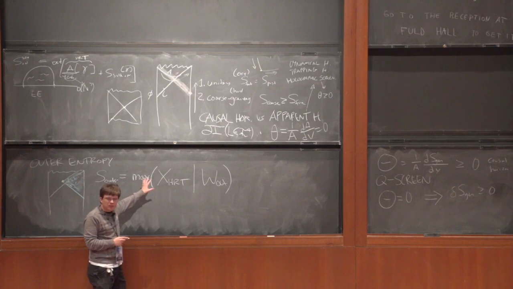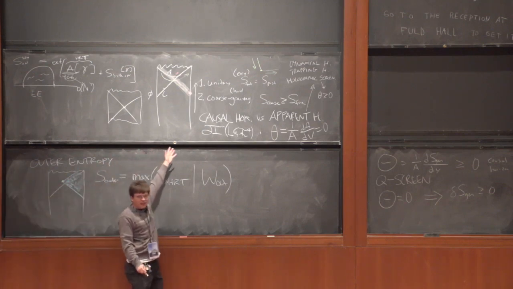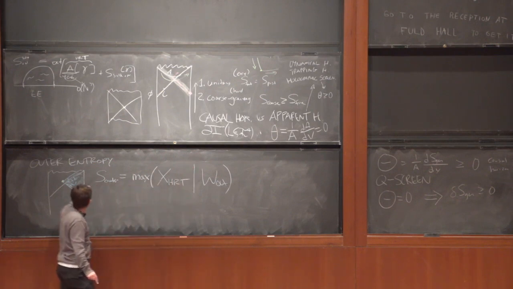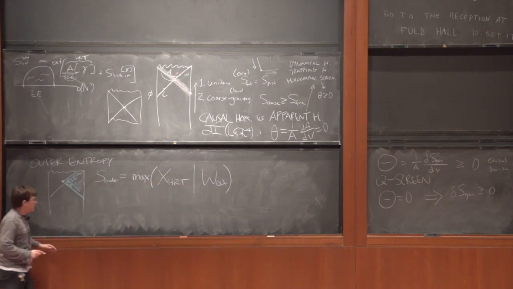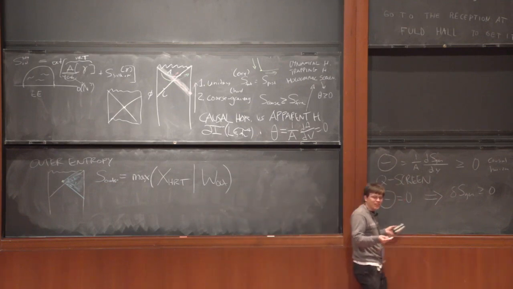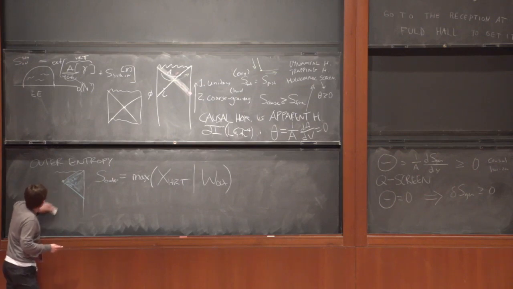This now becomes, at the classical level, a classical geometry problem. The HRT surface is currently the empty set, but I can ask, can I replace the geometry back here with some other geometry that makes it not the empty set? It gives an extremal surface here. So you can do that.